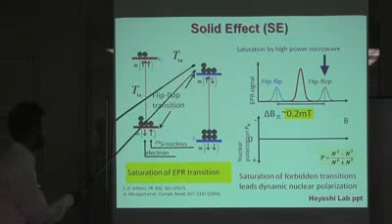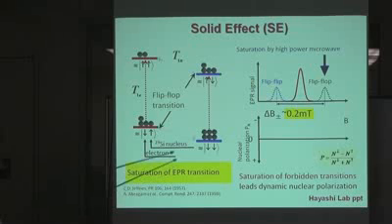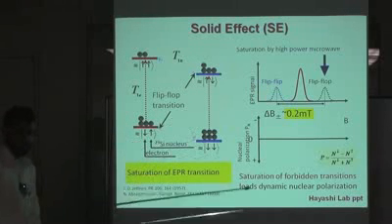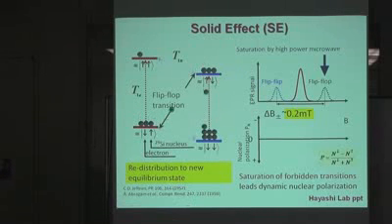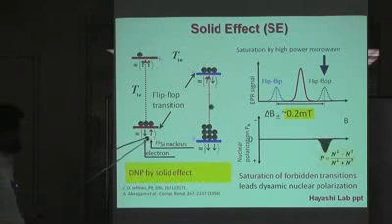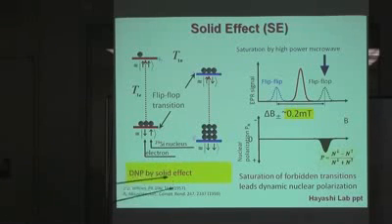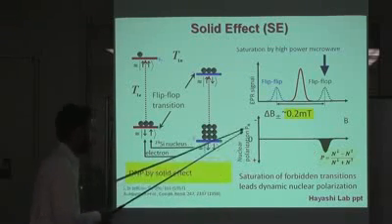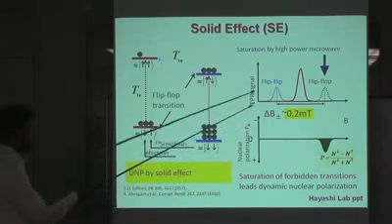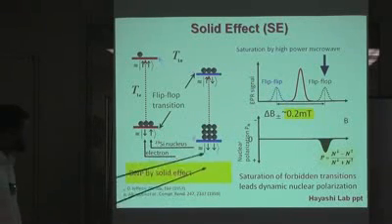When we saturate one of the forbidden transitions, first we saturate the flip-flop transition. The population of these two levels becomes equal, and due to the short electron spin relaxation time, the electron will relax and redistribution occurs, and you can see the enhancement in the down nuclear spin. So you can see the polarization of nuclear spin when you saturate the flip-flop transition, in the positive direction.